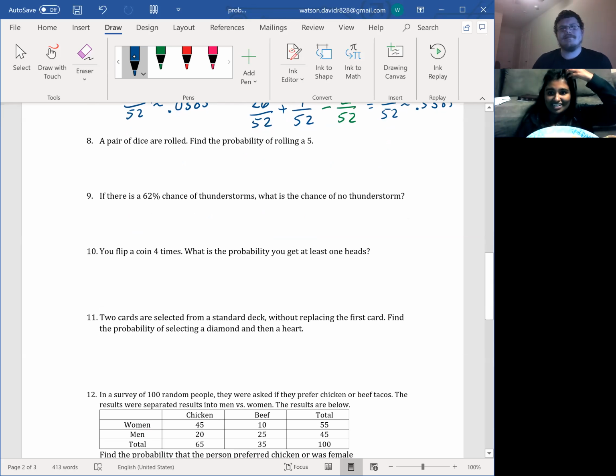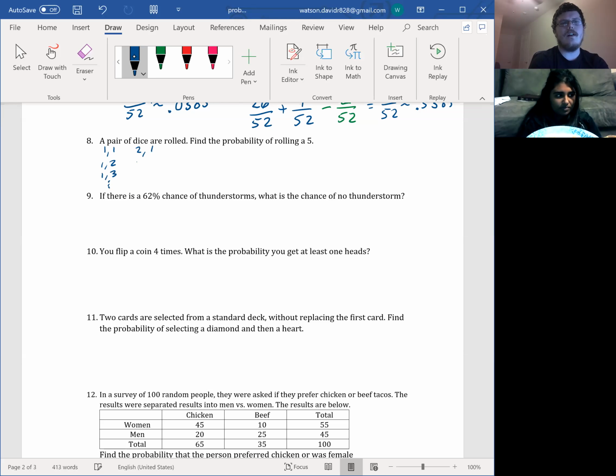All right. Each pair pack of dice is rolled. Find the probability of rolling a 5. So I'm not going to write out this whole thing, but if you remember, a pair of dice can roll a 1 and a 1, 1 and a 2, 1 and a 3, and so on.